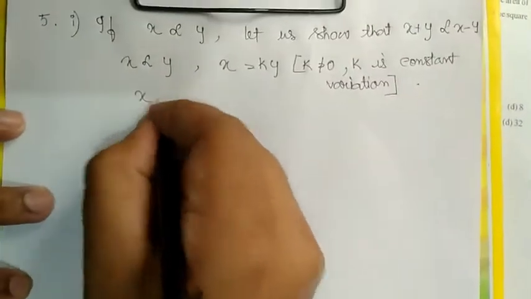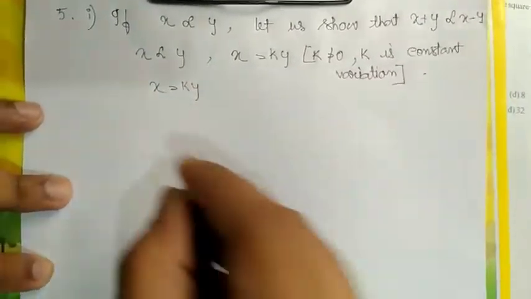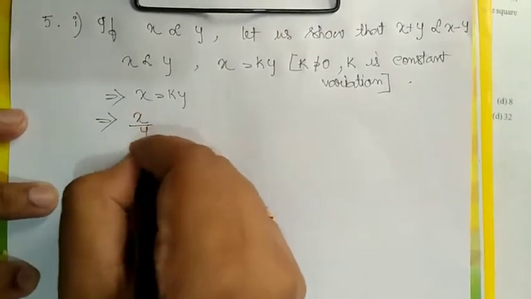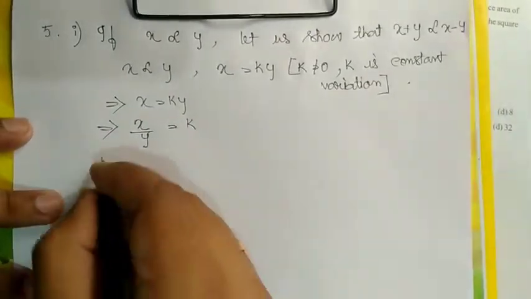So x equal to ky, therefore we can write x by y equal to k.